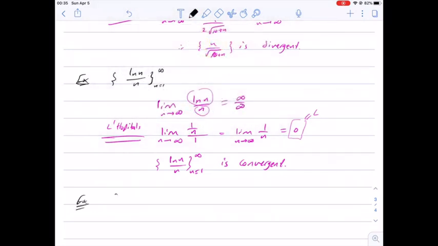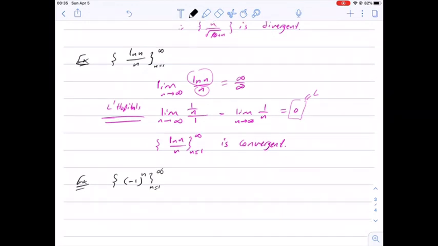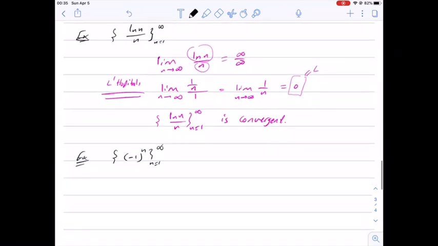Another example. If we are given the sequence -1 to the power n, n from 1 to infinity, we want to see if this is convergent or divergent. Let's graph this sequence first. This is n, this is a sub n, where this expression represents a sub n. Now we take 1, 2, 3, 4, those are some values of n. Now let's determine some terms of this sequence.